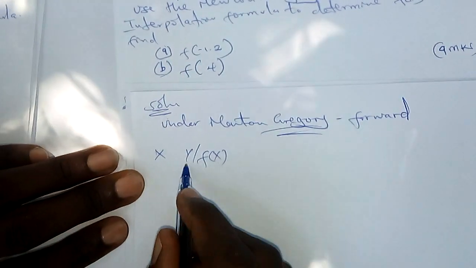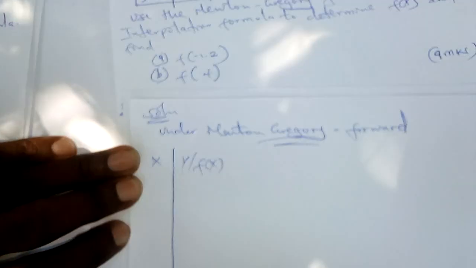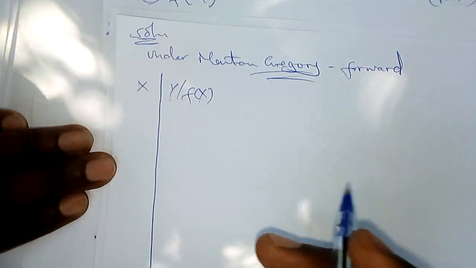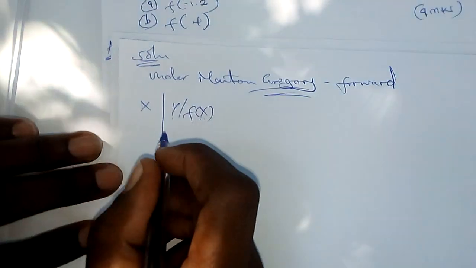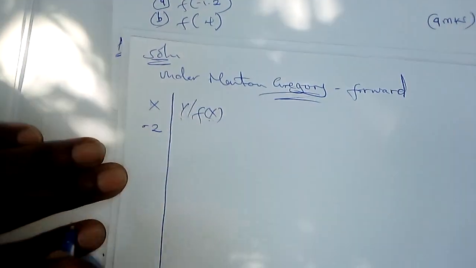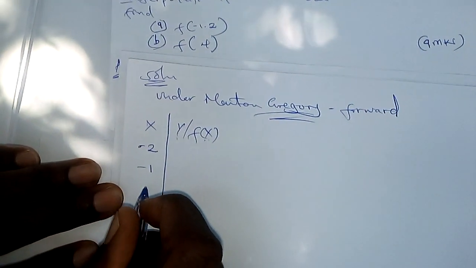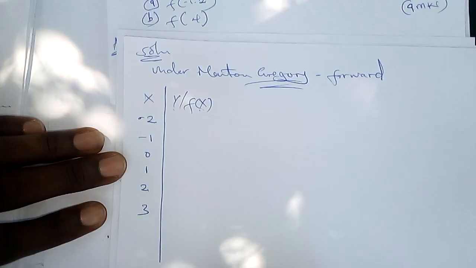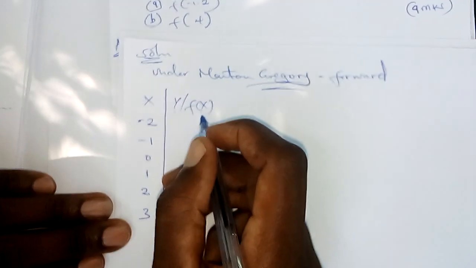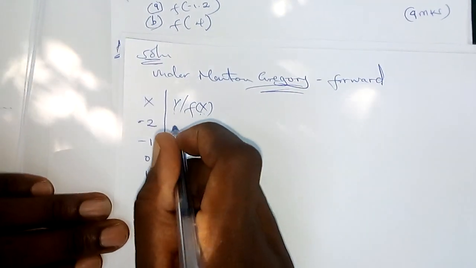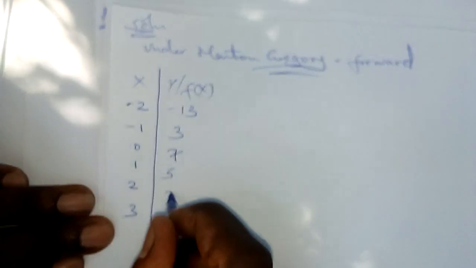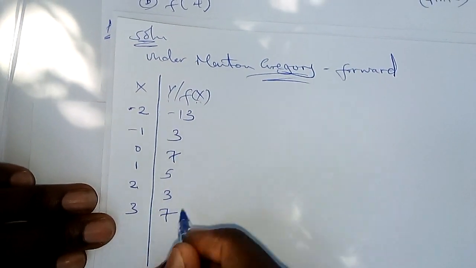This is the same thing. Here we have -2 as the first one, -1, 0, 1, 2, 3. And f of x, we have -13, 3, 7, 5, 3, 7.